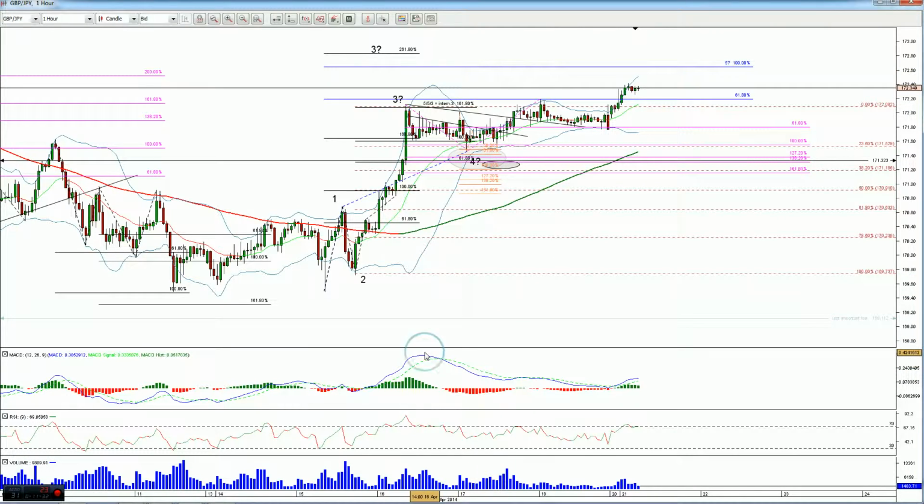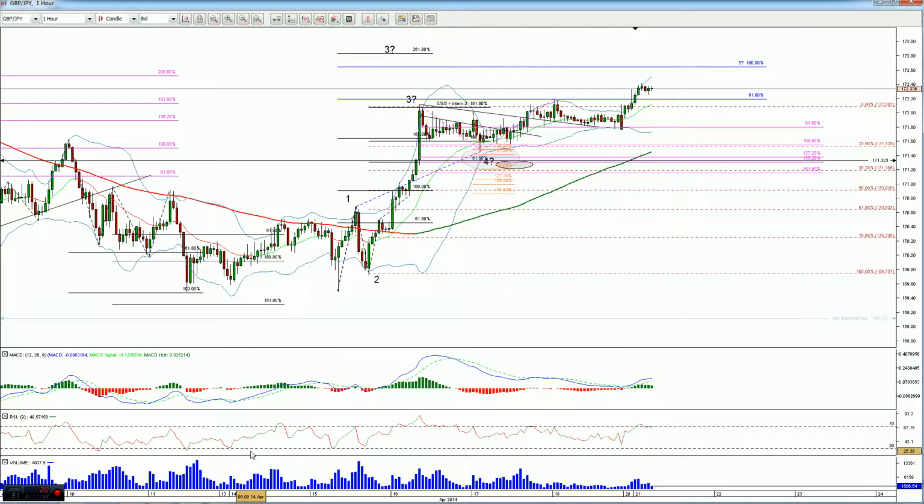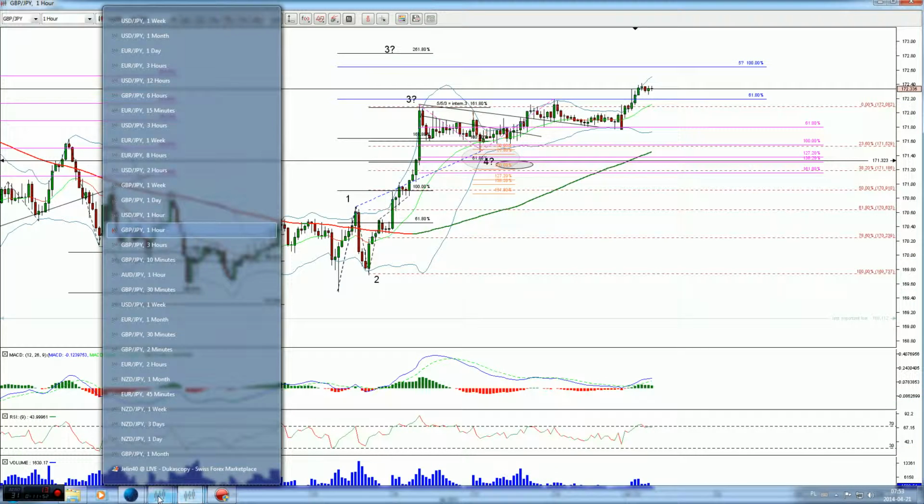We have a high on the MACD, and the market is probably now making a lower high. So this will indicate a trend change, of course. And this may go into a corrective structure here, as A, B, and a C. So that's the situation on the Great Britain pound, Japanese yen.